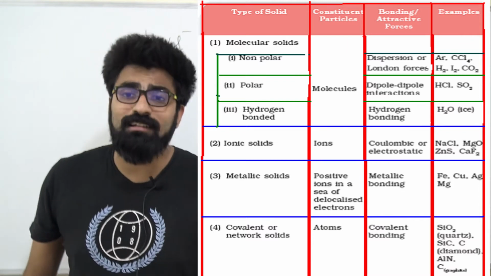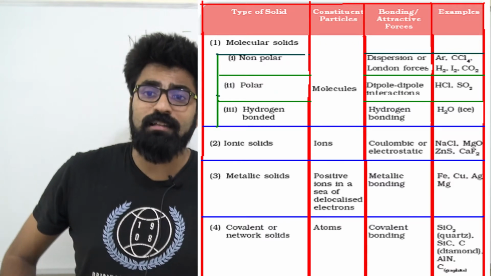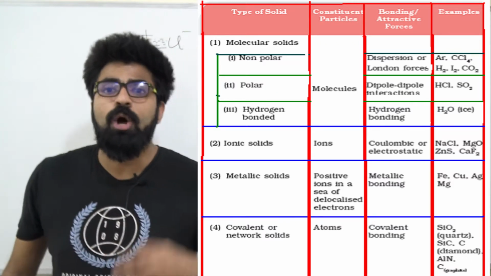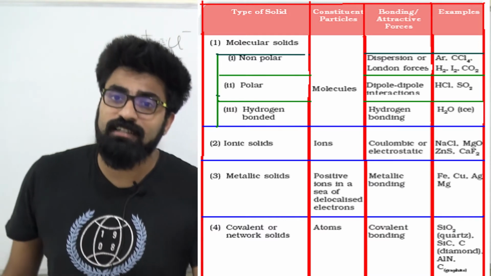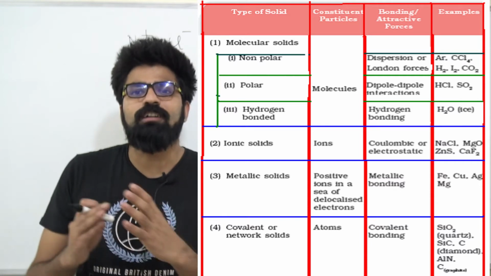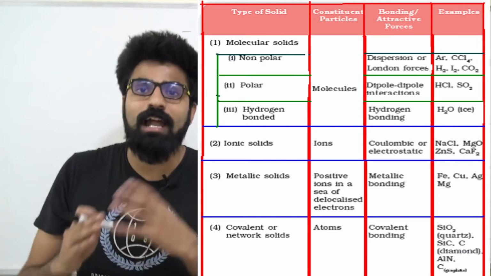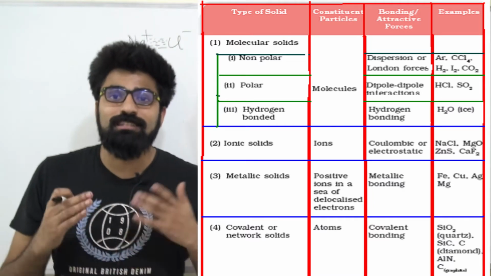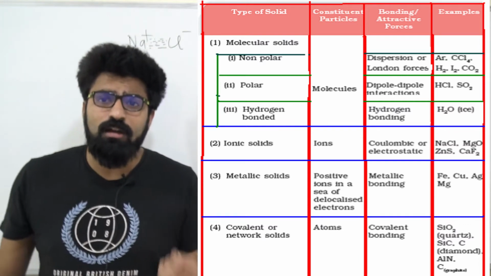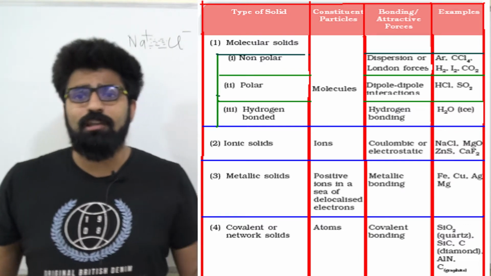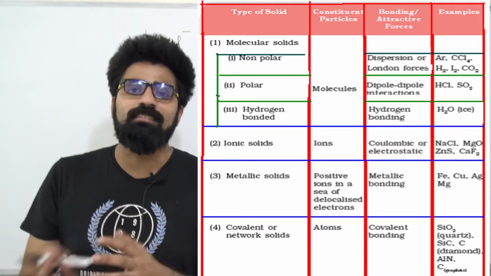But when you melt them, when you convert them into their melted form, or when you make their aqueous form, they start conducting electricity, because in solid form they don't have any free ions, but in melted form they have free ions, and because of the presence of free ions, they start conducting electricity. So this question can also be asked: why they do not conduct electricity in solid state but in molten form they conduct. Electricity means they have free ions, simple as that.